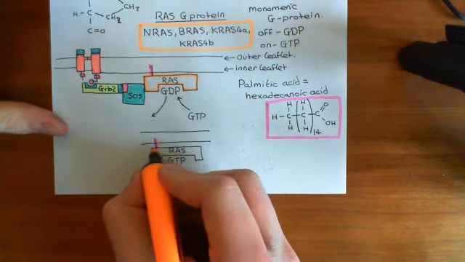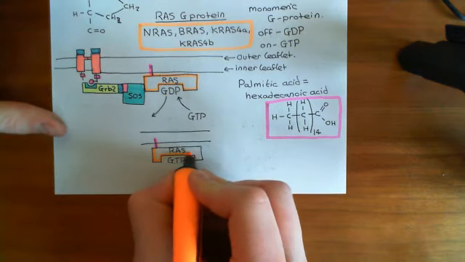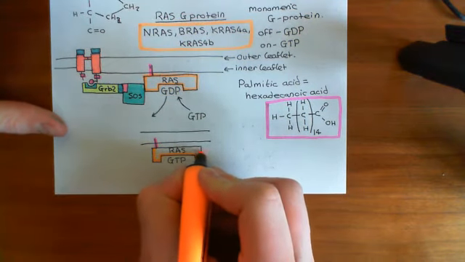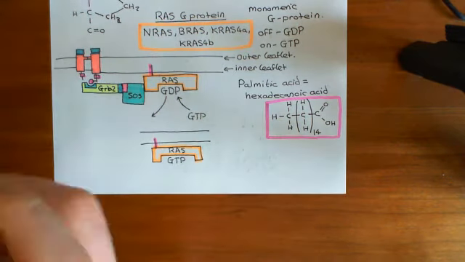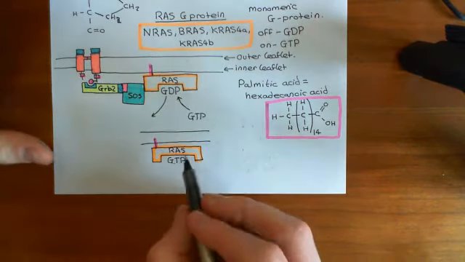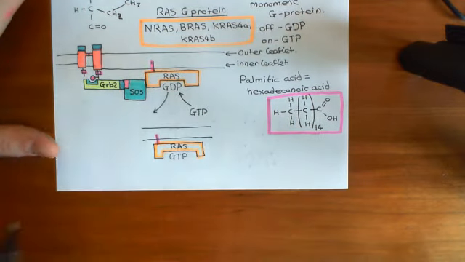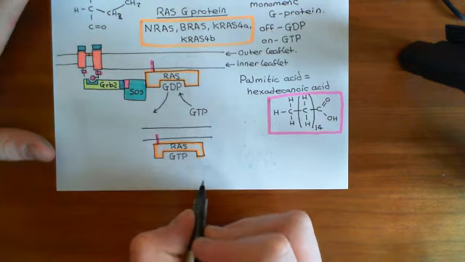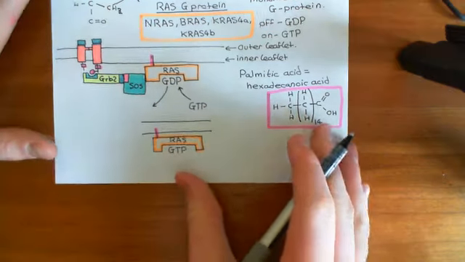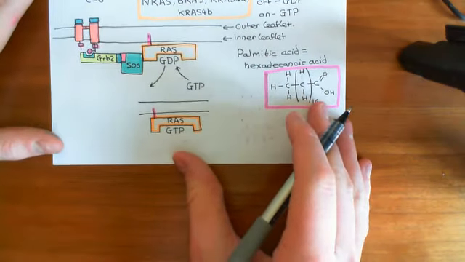Okay, so we now want to see where our Ras GTP is going to go, well, monomeric G protein rather. I'm thinking of heterotrimeric G proteins, calling it a subunit. It's a protein in its own right. What is this now going to go off and activate? Well, it's going to activate an enzyme known as RAF.